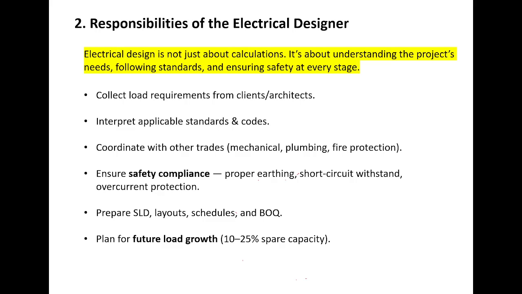It's about understanding the project's needs, meaning you should know the requirement of the client: what that building is and for what purpose this building will be used. So you should know the project, follow standards, and you are responsible for safety at every stage, not only one point. At every stage, safety should not be compromised.